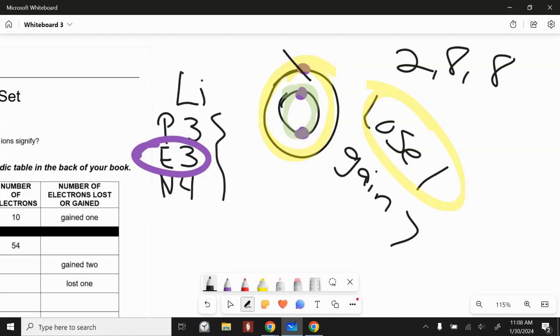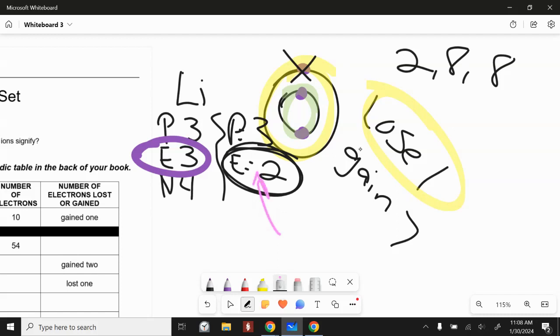Well, if it loses the 1, you still have protons are 3, but your electrons are now 1, 2. So now you have less electrons than protons.